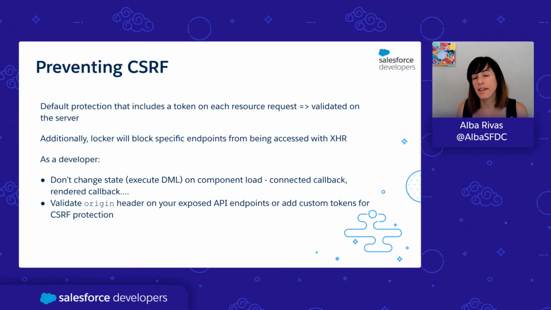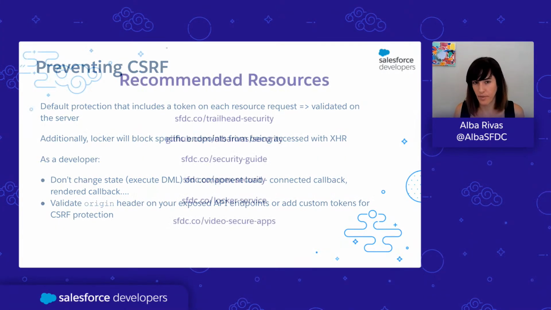You could implement a CSRF token system, as we are doing in Salesforce, or you could validate the origin header to make sure that the requests you are receiving are from known origins, or techniques like that.